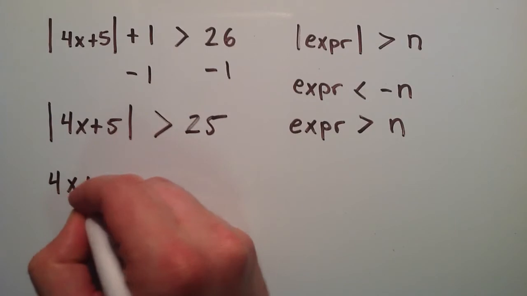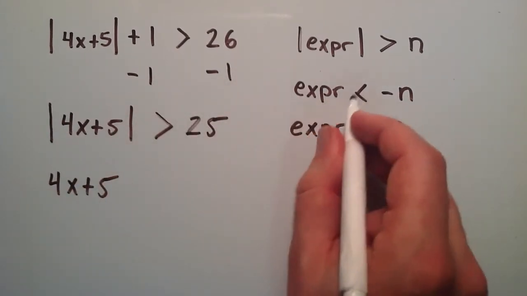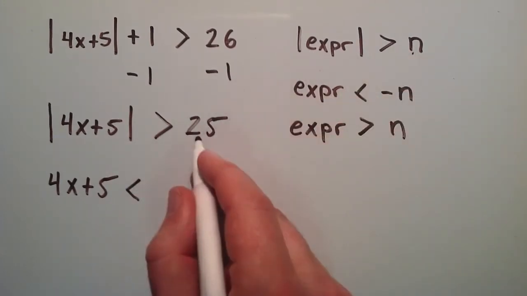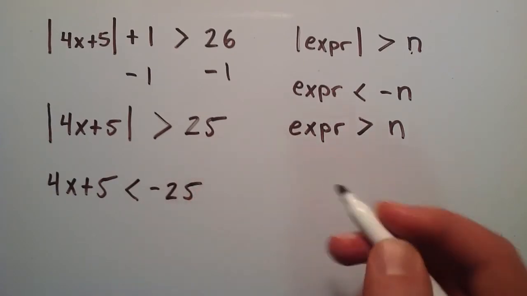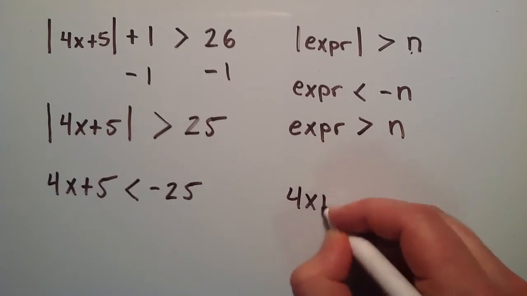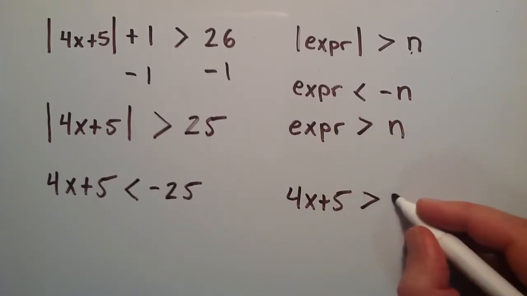So 4x plus 5 is less than negative n. N, once again, was our 25, so negative n is negative 25. And over here, we have the expression, once again, 4x plus 5 is greater than n. N is 25.